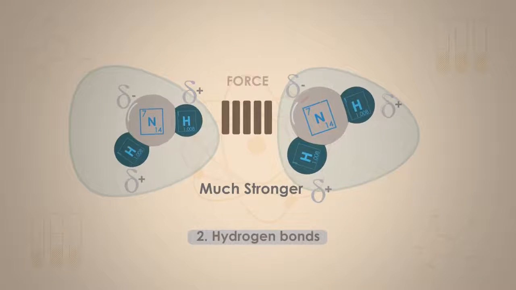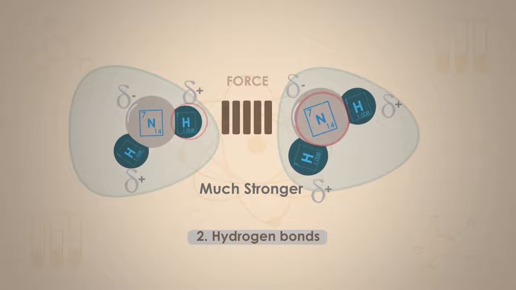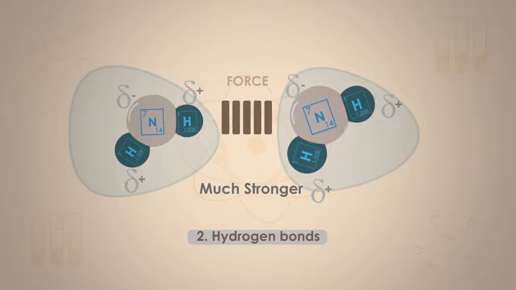This particular type of dipole-dipole attraction between the electron-deficient H delta positive of one molecule and the lone pair of electrons on a fluorine, oxygen or nitrogen atom of another molecule is given the special name of hydrogen bond.